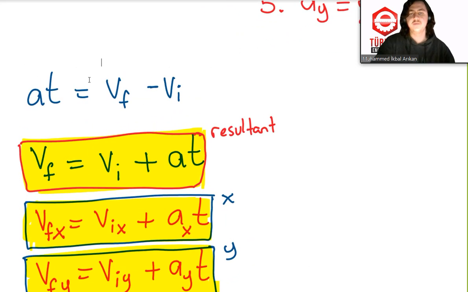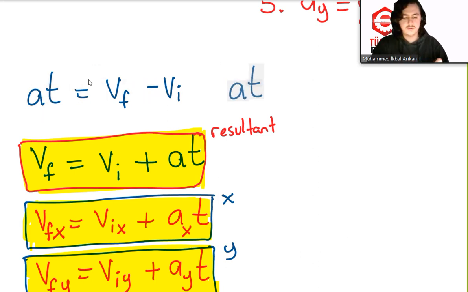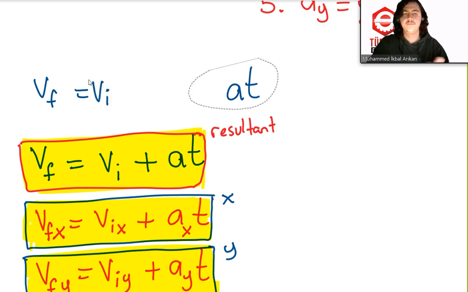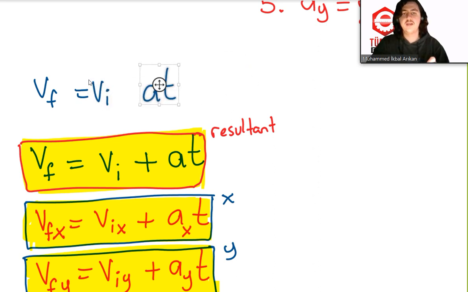So here, let's take these to the other side, and this one to here, and this will be just positive. Okay. Actually, since there is no acceleration in x, it's just like this.